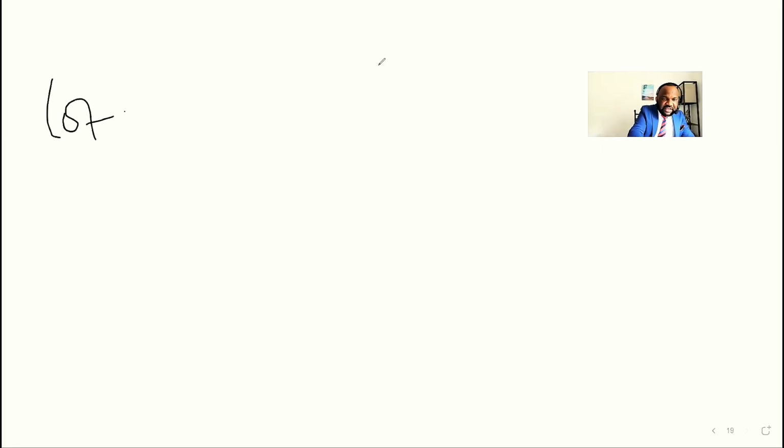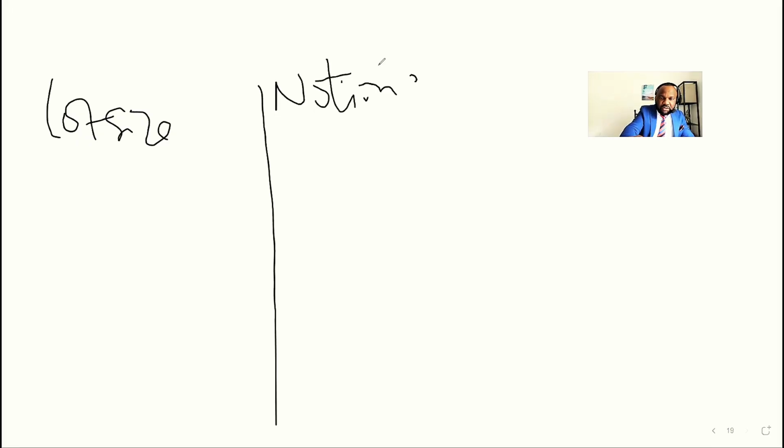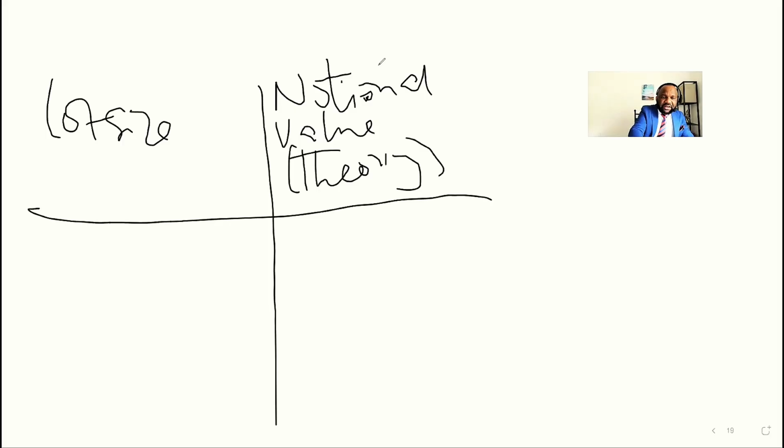Lot size and the theoretical, or they call it notional value. When you hear the word notional, sometimes it means theoretical, just theory. That's what it means. So 1 means 100,000 of the base.